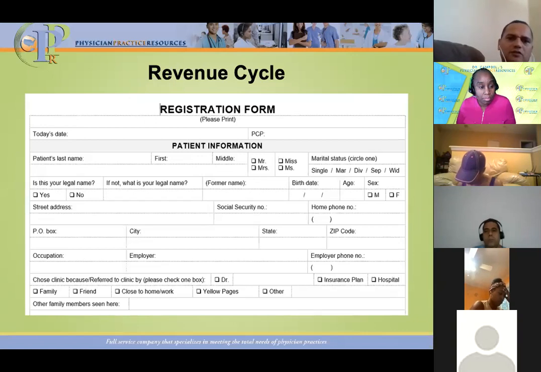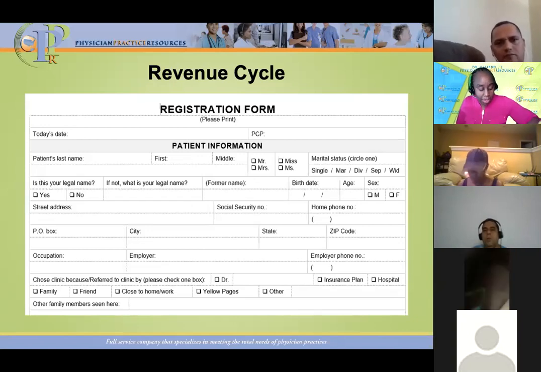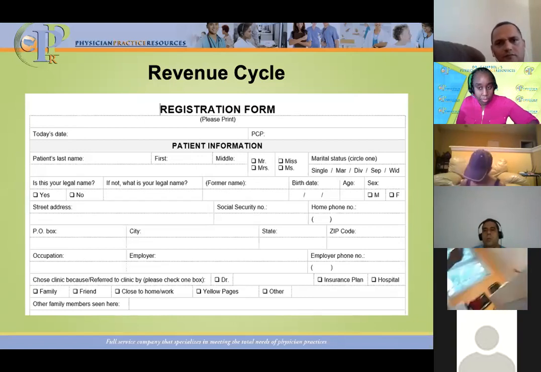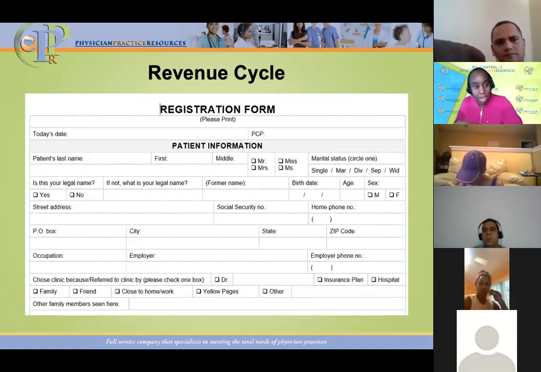To send a bill to them. We know who to send the bill to. We may need to send the bill to them, but also when we are sending the bill to the insurance company, the information that we have in our system needs to match what the insurance company has in their system.